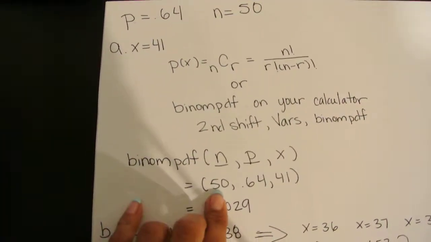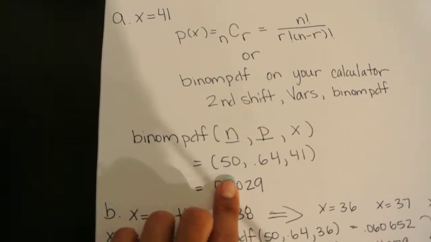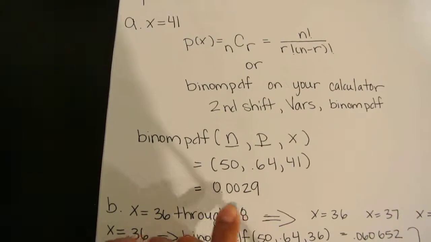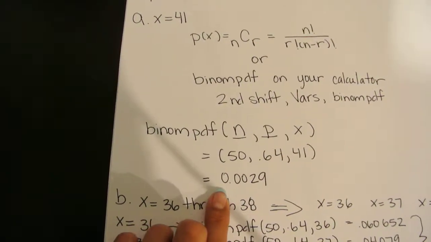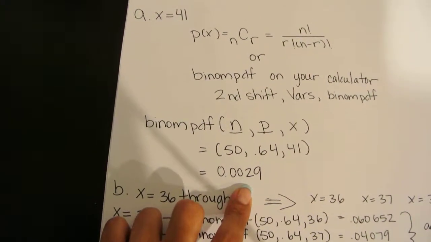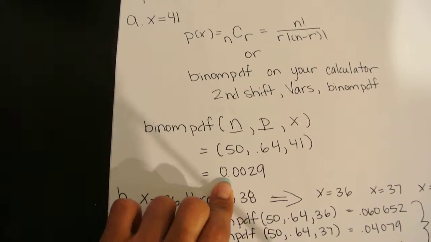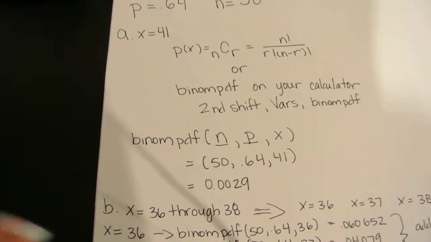So we type it in this way in your calculator. You would type in 50, .64, and then 41. And then the magic button enter would get you this number here. It's much larger, but I was asked to reduce it down to 4 decimal places.